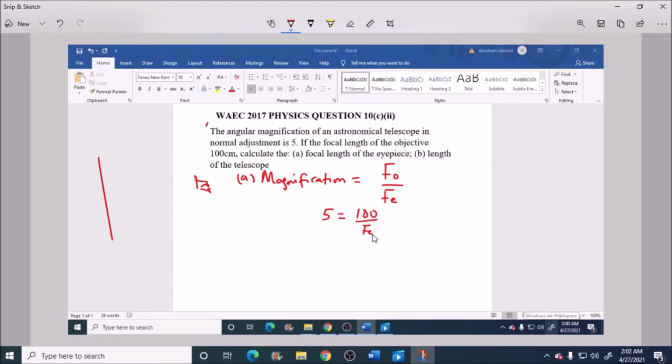So making FE the subject of the formula, we have 100 over 5, which is equal to 20 centimeter. Now that is for A.